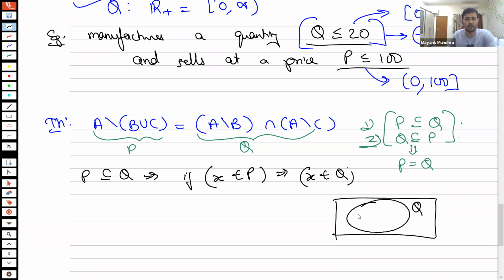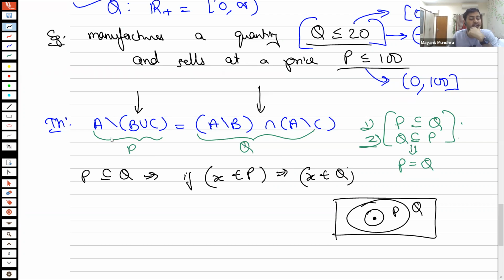This is the set Q and this is the set P. So if any element lies in P, it should lie in Q, right? Q is the larger of the two sets. So I'm going to take some arbitrary point which belongs to this set, and then show that it belongs to this set. And in the second part, I'm going to start with an arbitrary point in this set Q, and show that because it lies in Q, it also lies in P, and then the proof will be complete. So let us do the first part.